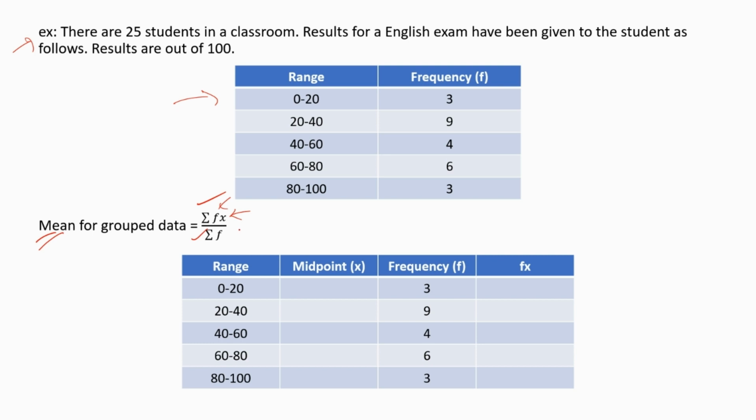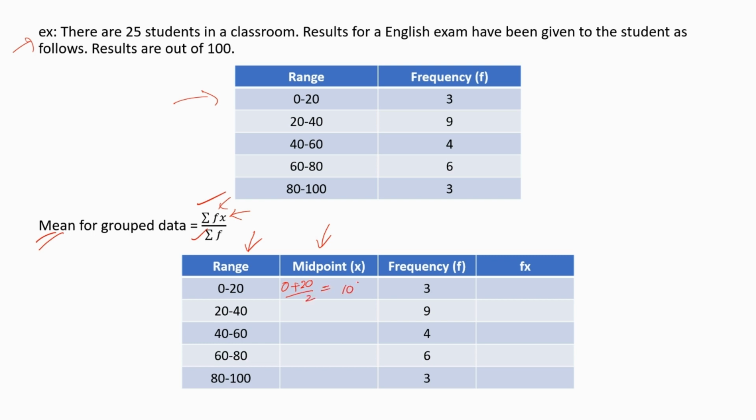X is the midpoint of each range. Now let's calculate the mean for grouped data. So the range is given here. Now we have to calculate the midpoint for every range. This is how we calculate the midpoint. We add the two values 0 and 20, then divide by 2, which is equal to 10.